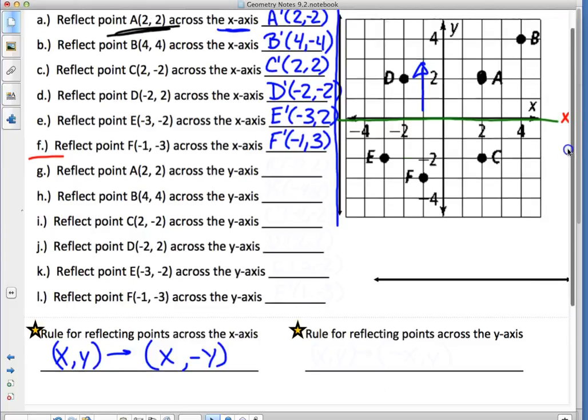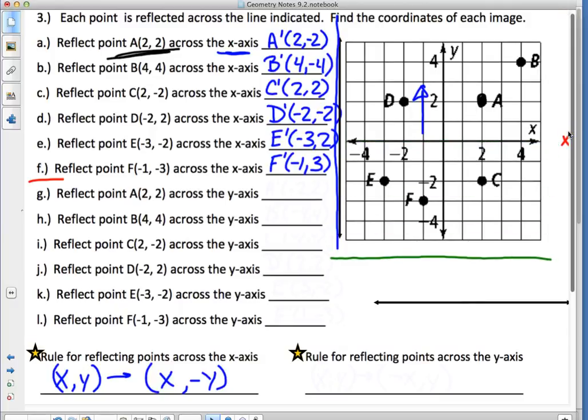The next one is reflecting across the y-axis. Same idea, except it's a vertical axis instead of horizontal. But specifically, we're going to look for a rule that we can apply for the y-axis. So I'll do the first one with you. A is 2, 2, but now I'm going to flip it this way.